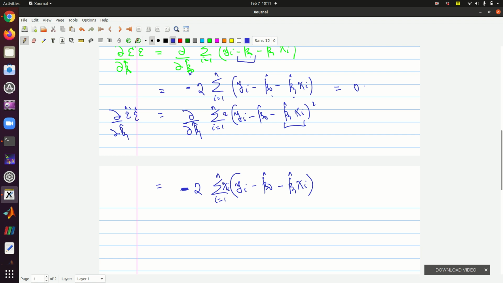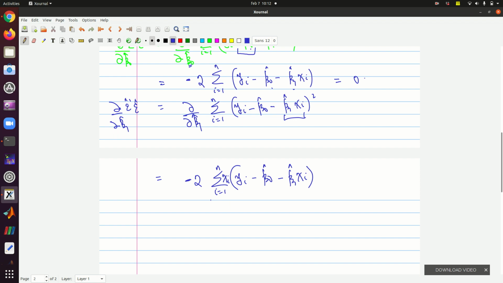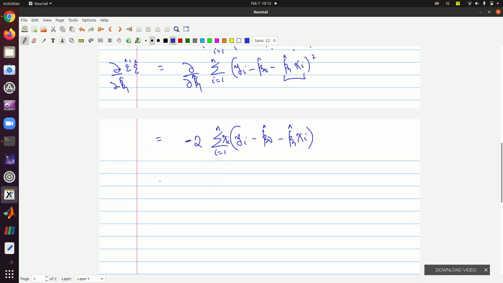Whether I put it here or outside there, it is okay, because it's a constant. Also the negative, I can as well put it out, but the xi will have to remain inside the summation, because I am summing over the index i from i equals 1 up to n. The xi's are the observations, okay?